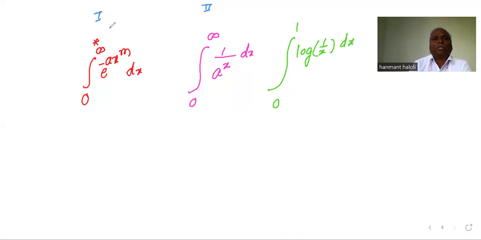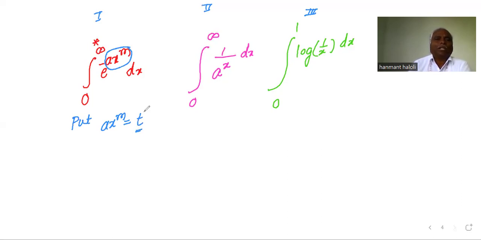Now if the integrand is given like this, here you need to substitute a x raised to m equal to another parameter, say t, means whatever the power of the exponential is, you have to put equal to another parameter t.